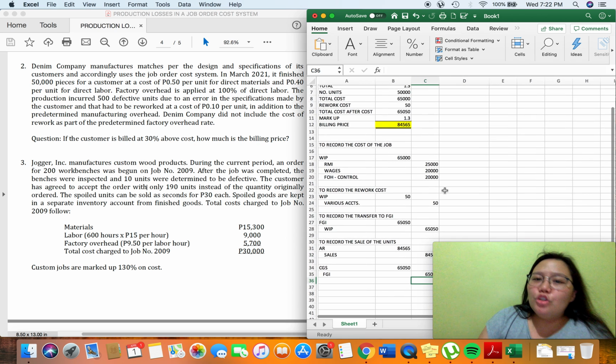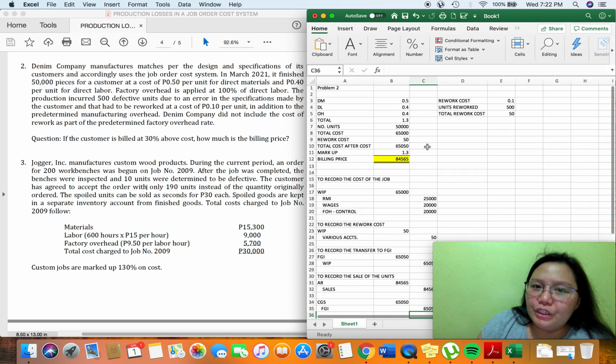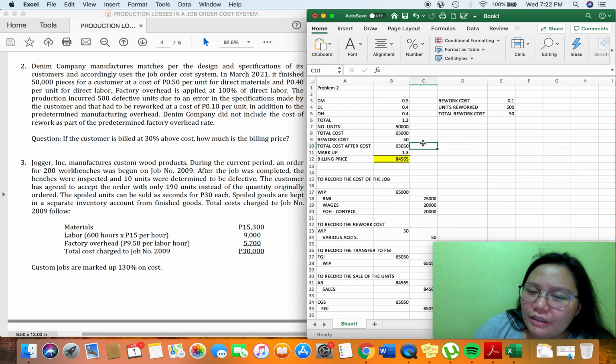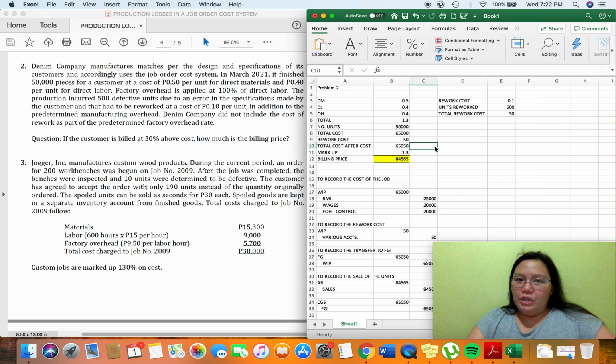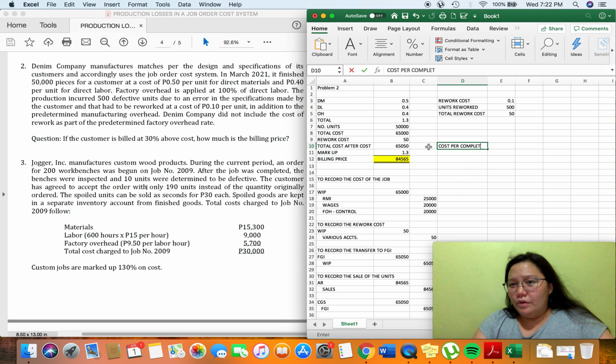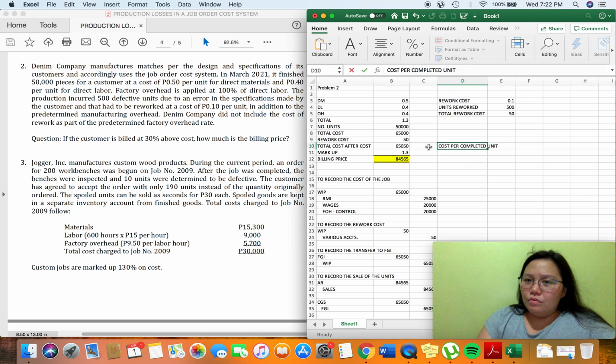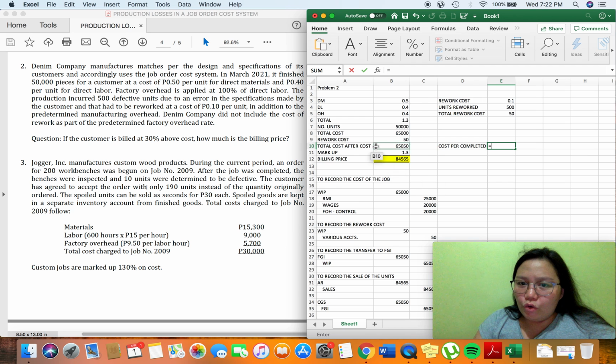Okay? So now, assuming you are asked for the cost per unit, diba? Assuming you are asked for the cost per completed units, what we're going to do here is we are going to divide, cost per completed unit. Okay? So, our total cost of 65,050 will be divided by 50,000 units.